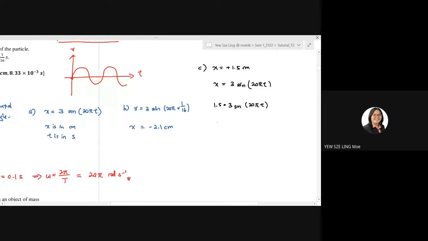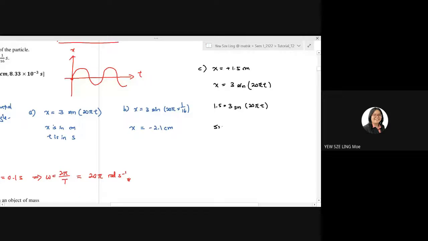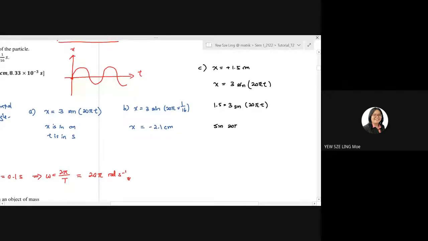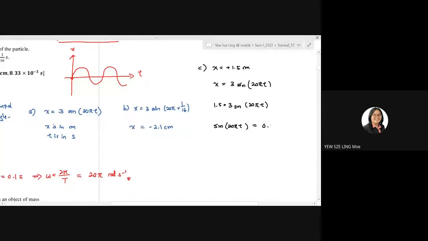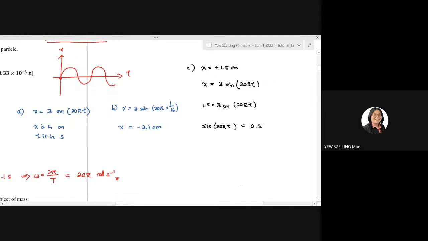Rearrange the equation. You have sine 20 pi t equals 0.5.